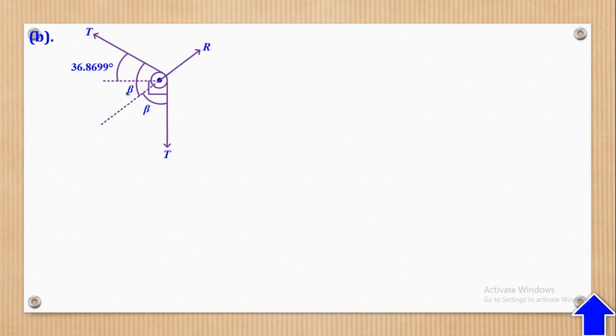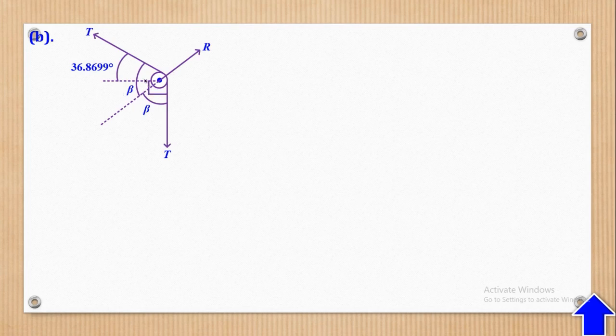We are told that the inclination is 36.8699. That's why you see this being equal to 36.8699. Another thing, we know that this is horizontal and this is vertical, meaning that from here up to here will be 90 degrees. That's why there's this symbol to mean right angle.